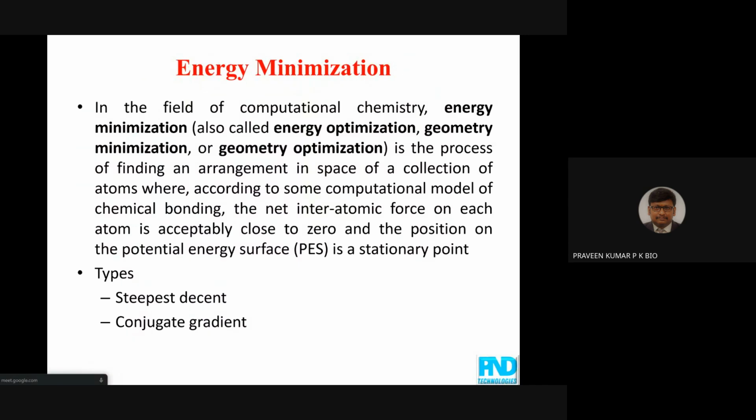Now let me take you to energy minimization. Till now, whatever we discussed is about molecular mechanics, quantum mechanics, force fields and the types of force fields. Now we'll be coming to a new chapter called energy minimization. What is energy minimization?